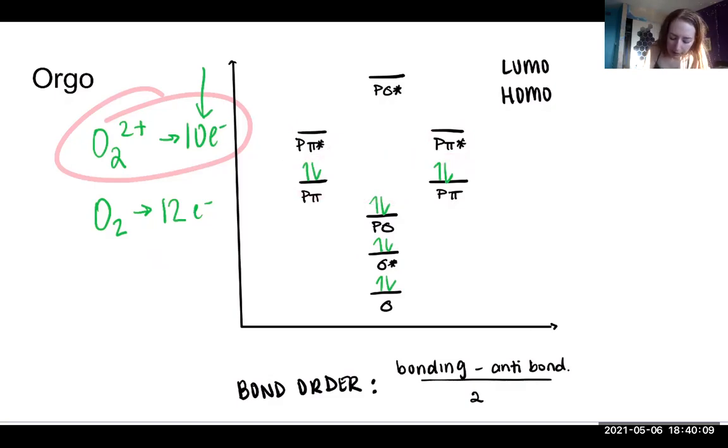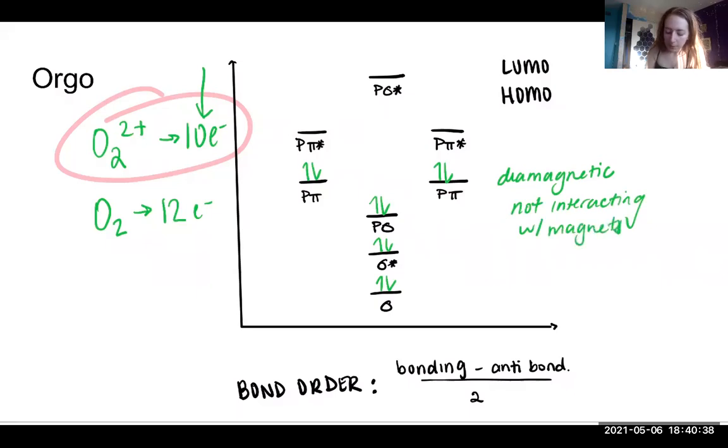If we had it up to here, they would be alone. But these are both complete lone pairs, and so this is going to be diamagnetic. So this is not interacting with magnets. But if they were like this, they would be paramagnetic and interact with magnets.